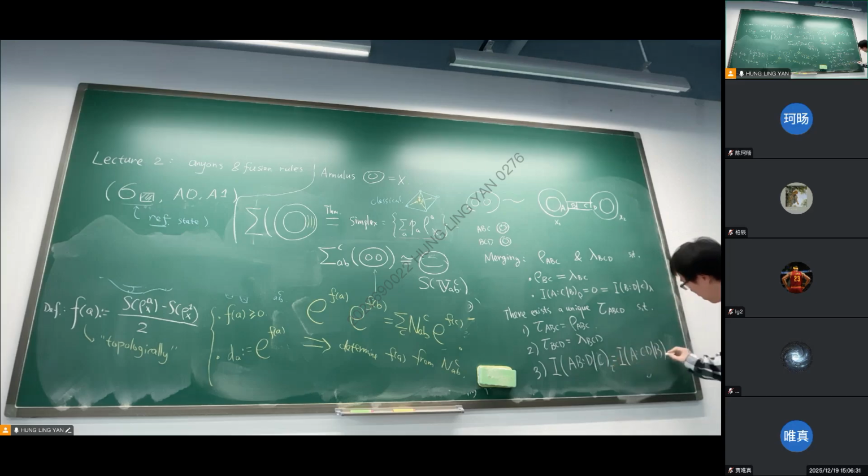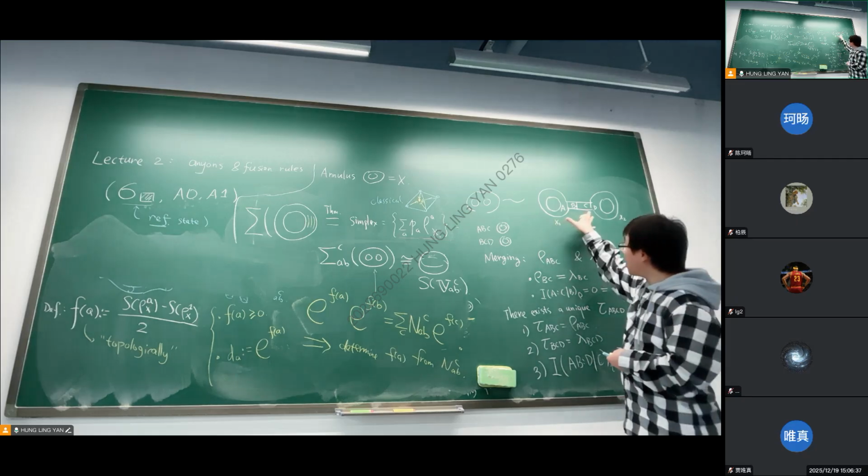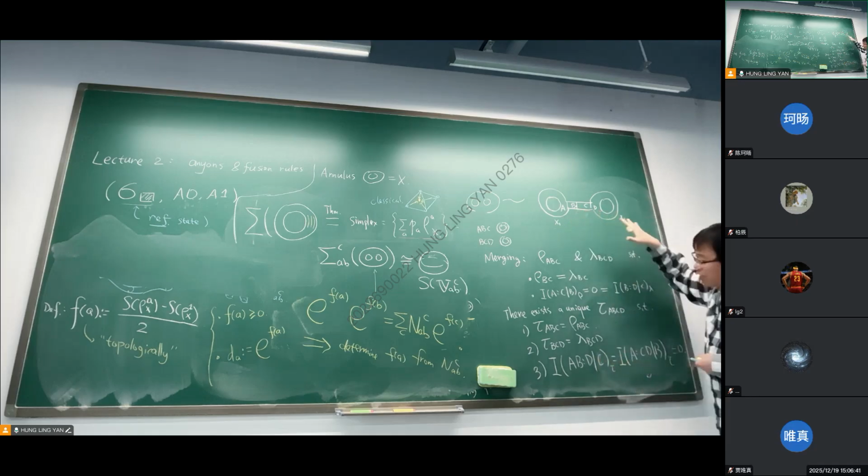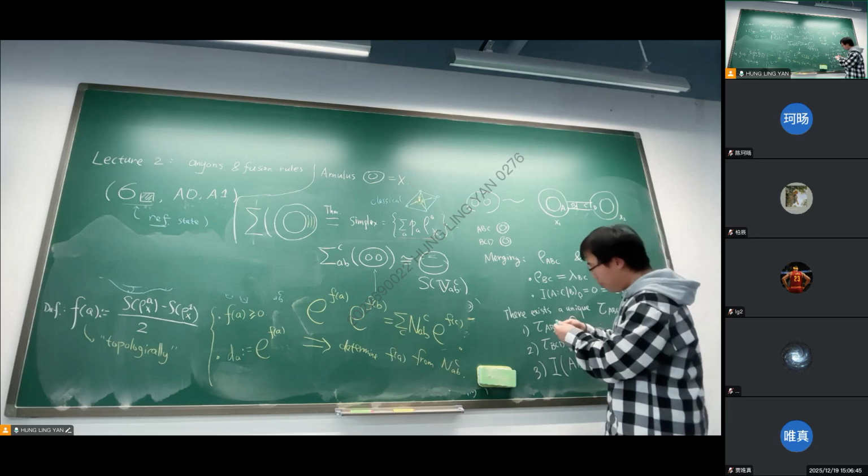So given some states on the subsystems, if they match in the middle, we can merge them to get some state. This is called the merging lemma.